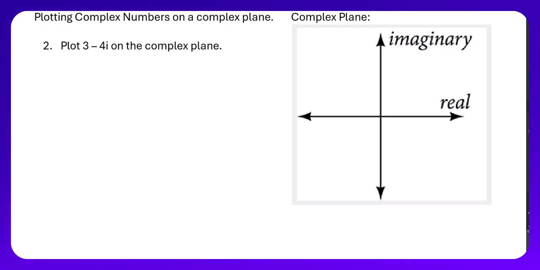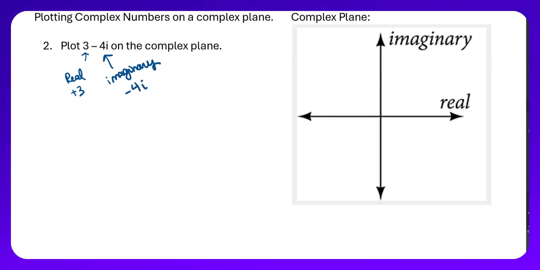Okay. Now we have here 3 minus 4i, and we're going to plot that on the complex plane. Well, a complex plane looks like a coordinate grid, right? You're used to seeing them with x's and y's, like plotting a 2, 1 or whatnot. But when it's a complex plane, the horizontal axis stands for the real numbers. So in this case, the real number is a positive 3. And the imaginary part is negative 4i.